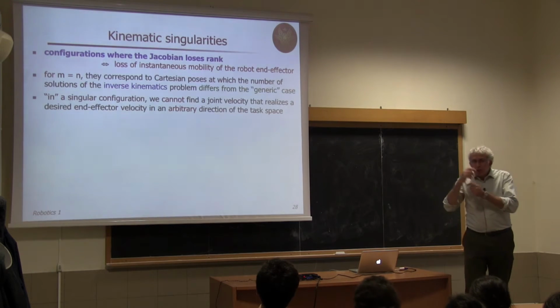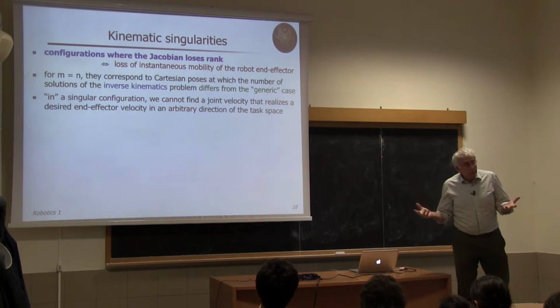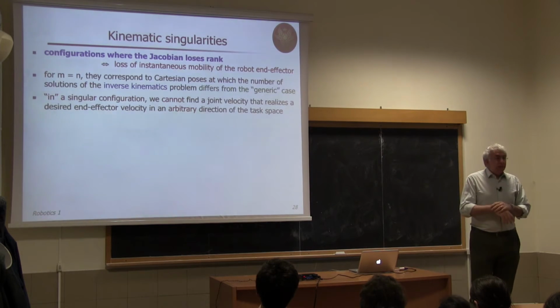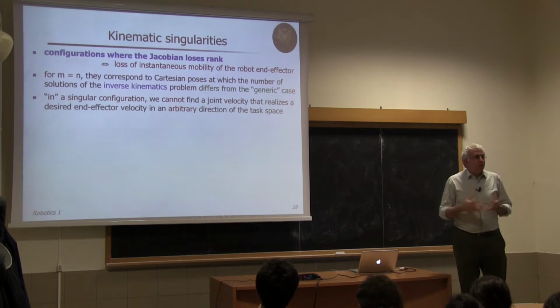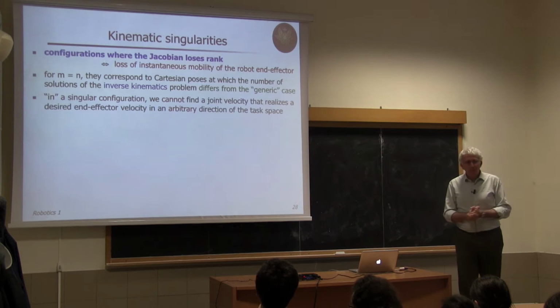Of course, for some specific velocities there may be a solution, for others not. But in any case, we are not allowed to compute this solution by inverting the Jacobian matrix, because this matrix is singular. Okay?